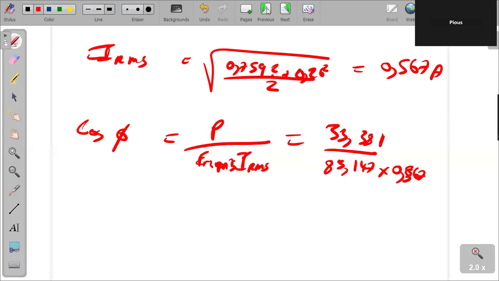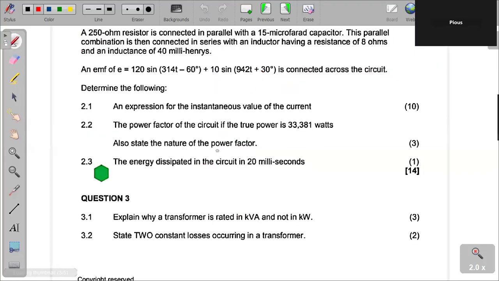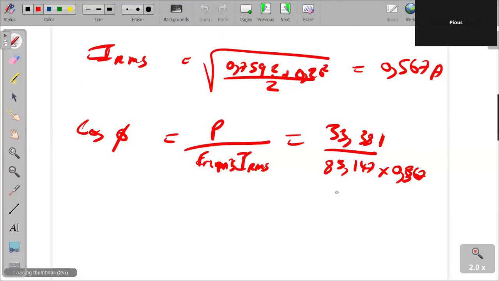Remember, the true power has been given, 33.381, so nothing much is happening. So we can now simplify this, and that gives us 0.691 leading. That marks our power factor there.